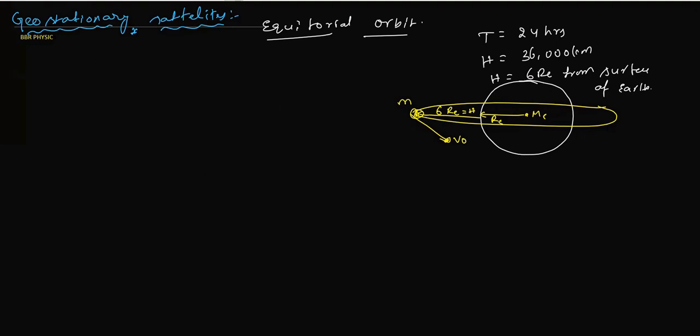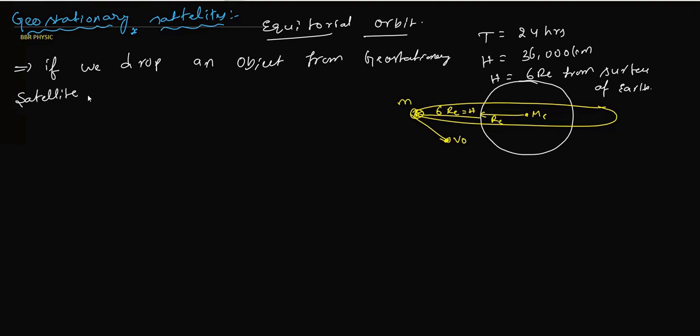So how can you conclude this point? If we drop an object from a geostationary satellite, it revolves with the same speed as the Earth, which means it looks stationary from the Earth.